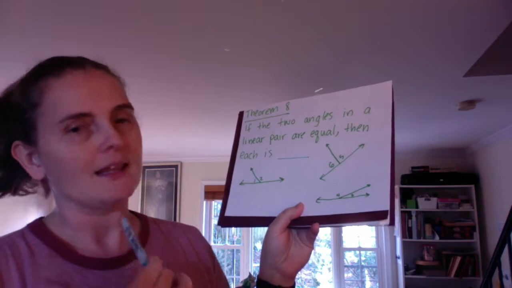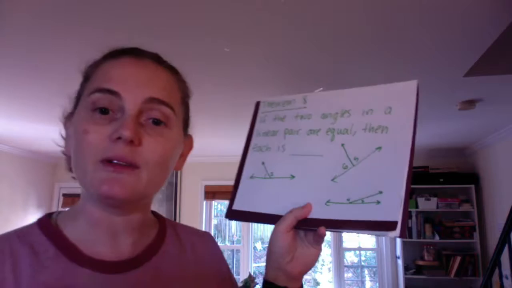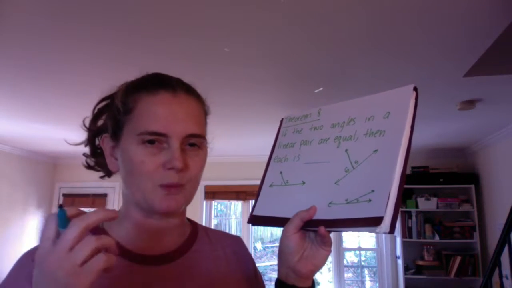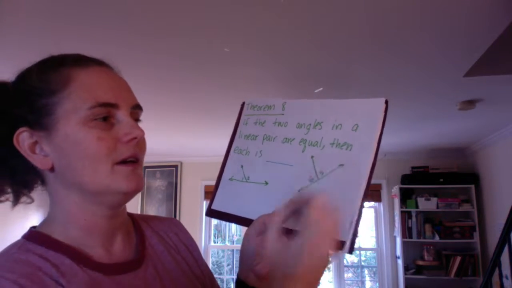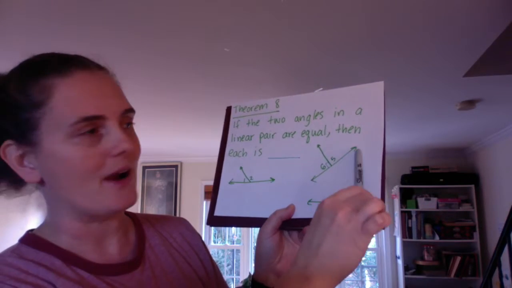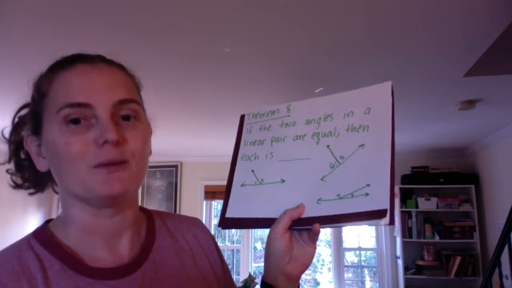I think you'll be with me that it's 5 and 6 that look equal. And not only do they look equal, your brain should be sparking this word right now. They look like they each measure 90 degrees, right? So if two angles in a linear pair are equal, such as 5 and 6, then each is a right angle.